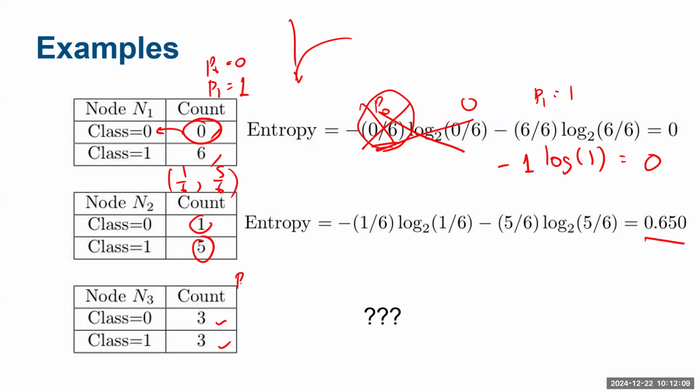I have P0, 0.5, and P1, 0.5. Equal split. So I take minus P0 log P0 minus P1 log P1. This is my entropy for this split.